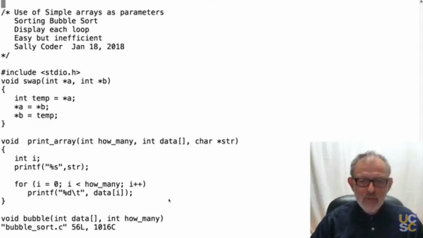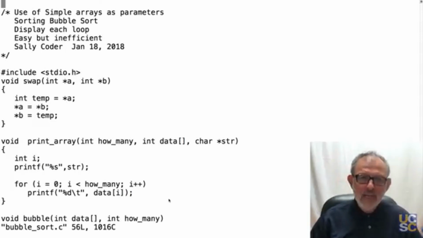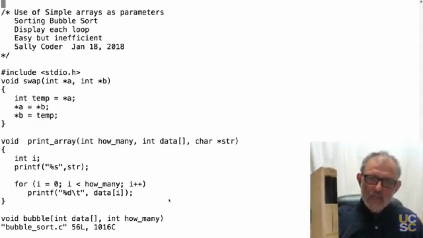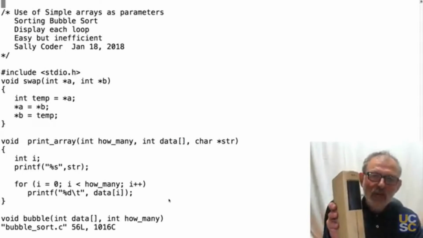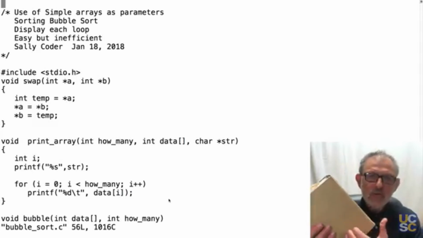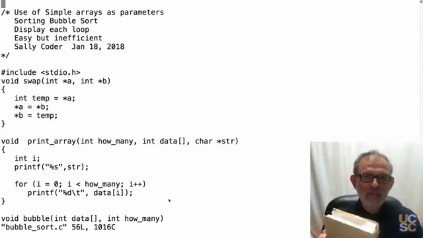And sorting and searching are so important that one of the most important computer scientists of our era, Don Knuth, wrote a book called Sorting and Searching. So it's a volume just devoted to these techniques with very detailed analysis of them.